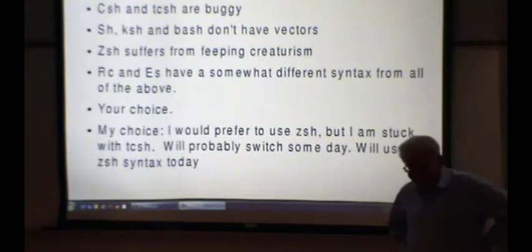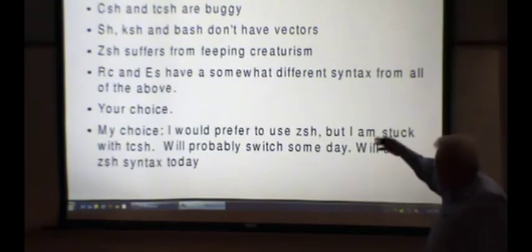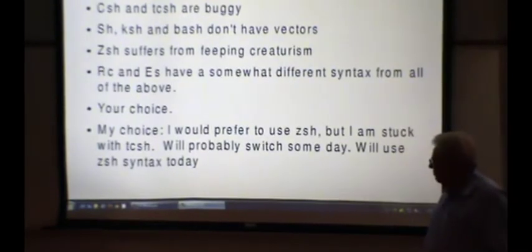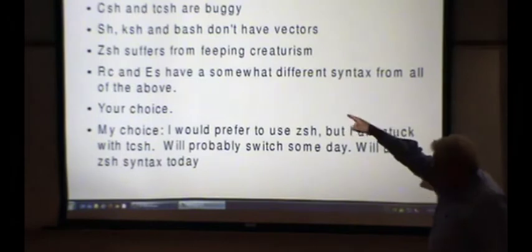So, it's up to you. What do you want? Some people prefer bash. Some people prefer ZSH. Please, please, please. If you have a choice, don't touch those in the first line.